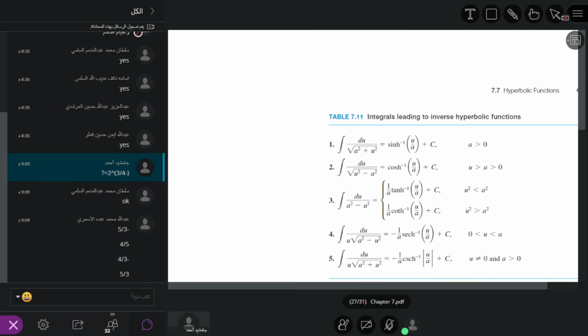It is equal to e power x plus e power minus x divided by 2. I again repeat, e power x plus e power minus x divided by 2.